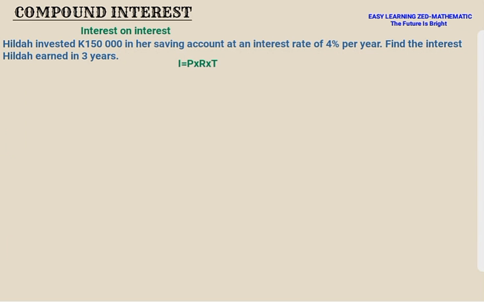So if you invest the money, then the money gains interest. That means the money invested was the principal, and the money you earned is the interest. Now in the second term, you're going to earn interest from the principal as well as from the interest you earned.